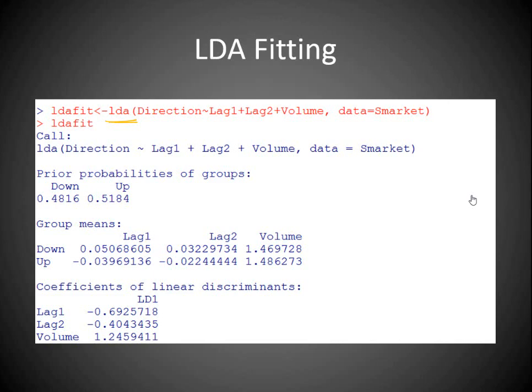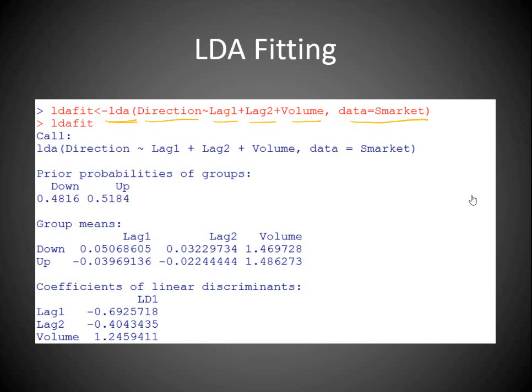The syntax is like this. You store the output in a variable, and then the model is defined like this. The dependent variable is Direction, and we are using 3 independent variables in this case. You can of course use any number of independent variables: Lag1, Lag2, and Volume, and the data which is being used is Market.